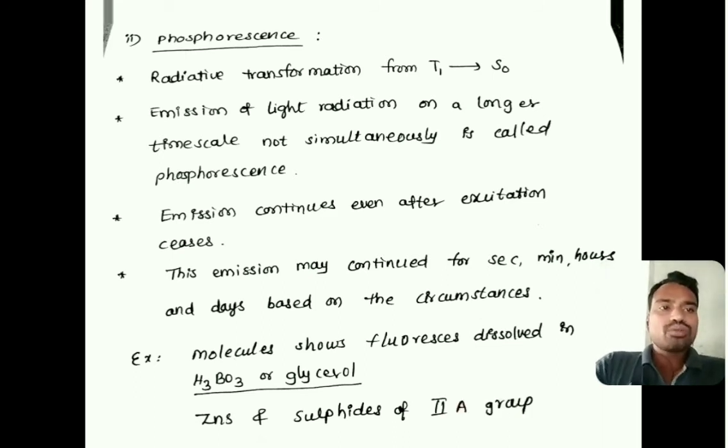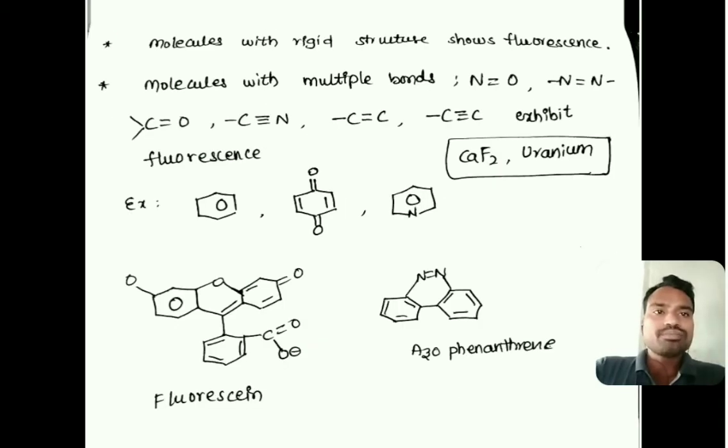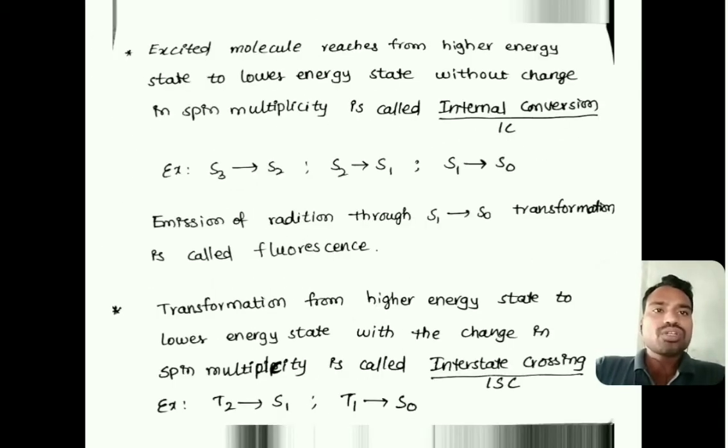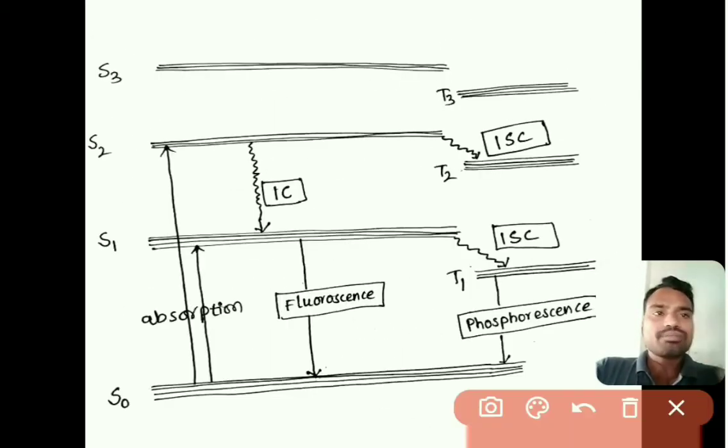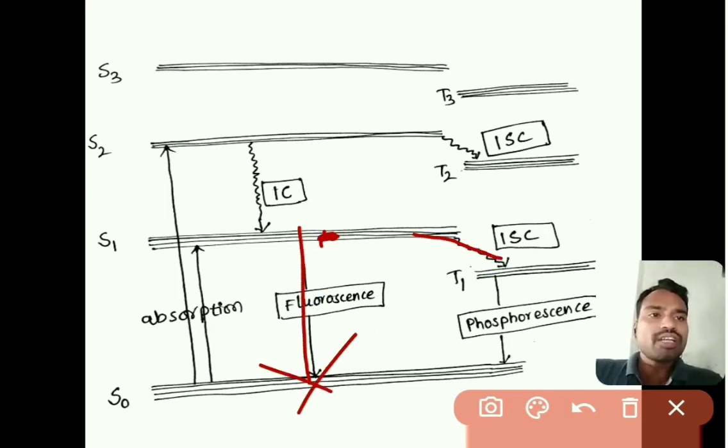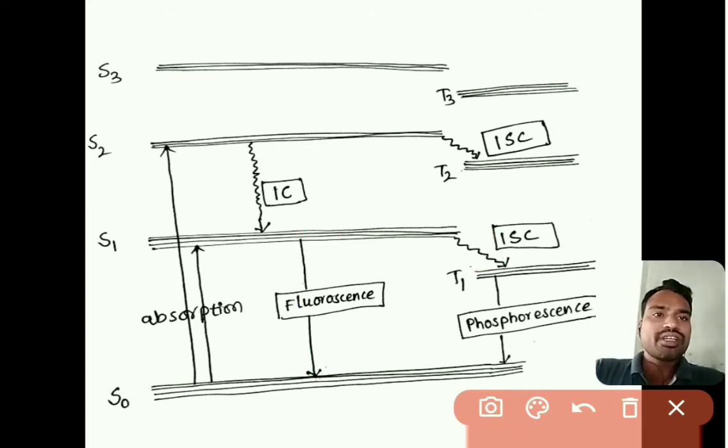So just go back to the Jablonski diagram. As the molecule gets to the S1 state, the first singlet excited state, it may go to S0 or it may go to T1. If it goes to S0, that is fluorescence, as we have discussed.